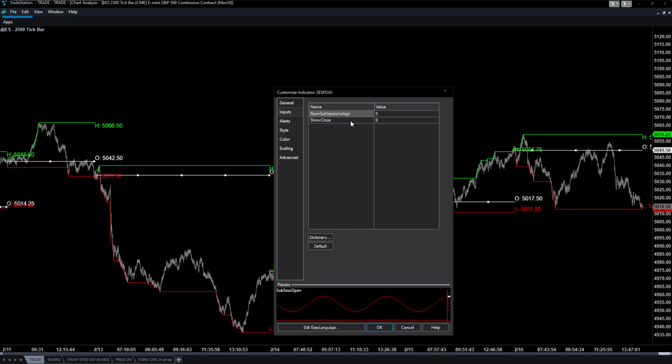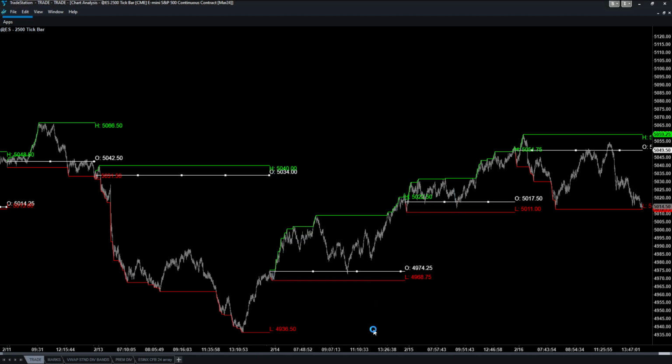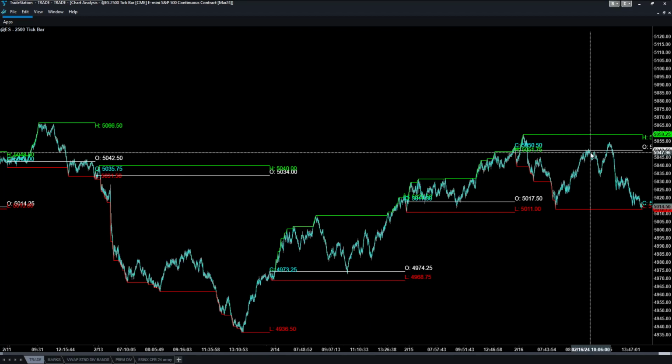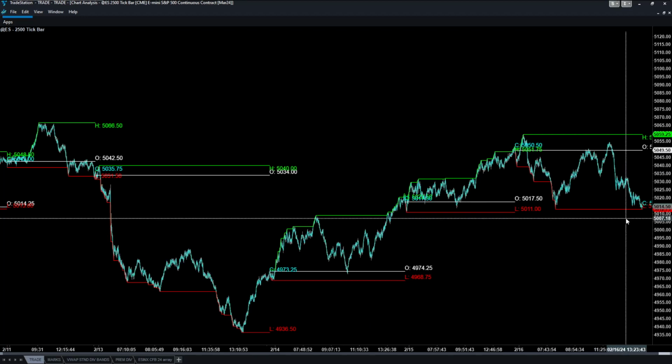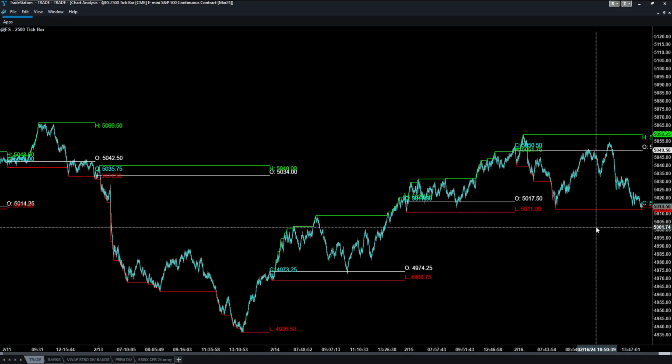Now, if you want the close to be highlighted, you have to set that to 1. And then you'll be able to see where the close was. And of course, the close is going to be on every bar. And that is a little busy, as I mentioned before. But if you want to be tracking that, you can using this indicator.